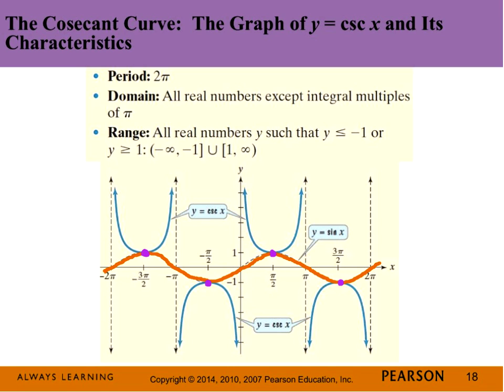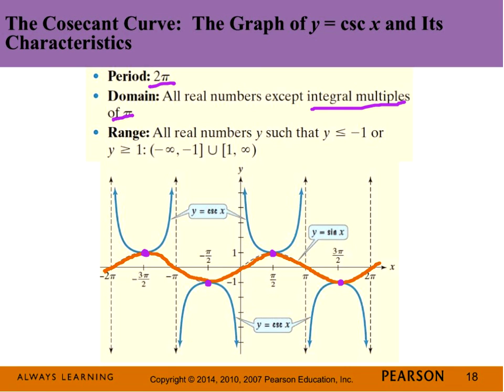So we get that the period, just like the period for sine is 2 pi, the period for cosecant is 2 pi. The domain is all real numbers except for those integral multiples of pi, because we can see that we have asymptotes sitting at those integral multiples of pi.